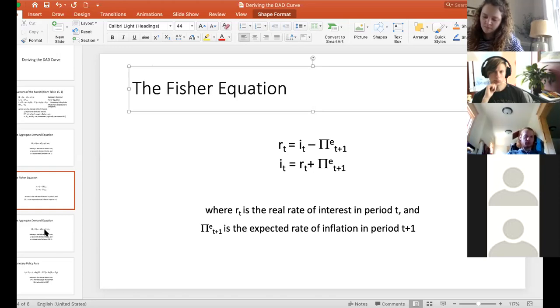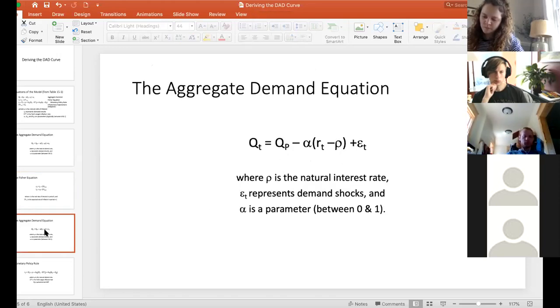Okay, good. So let's go back to the aggregate demand equation. Think about what this equation says. What it says is that there are two things that would cause actual GDP to diverge from potential.